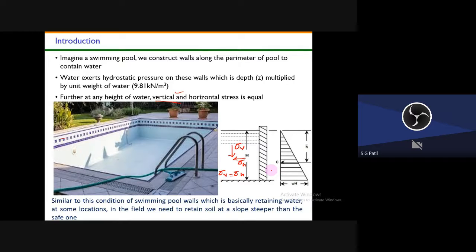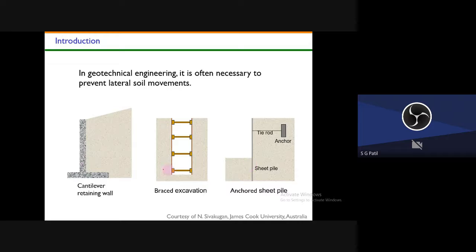For these granular materials, vertical stress is not equal to horizontal stress. Okay, so what are the different types of retaining walls?